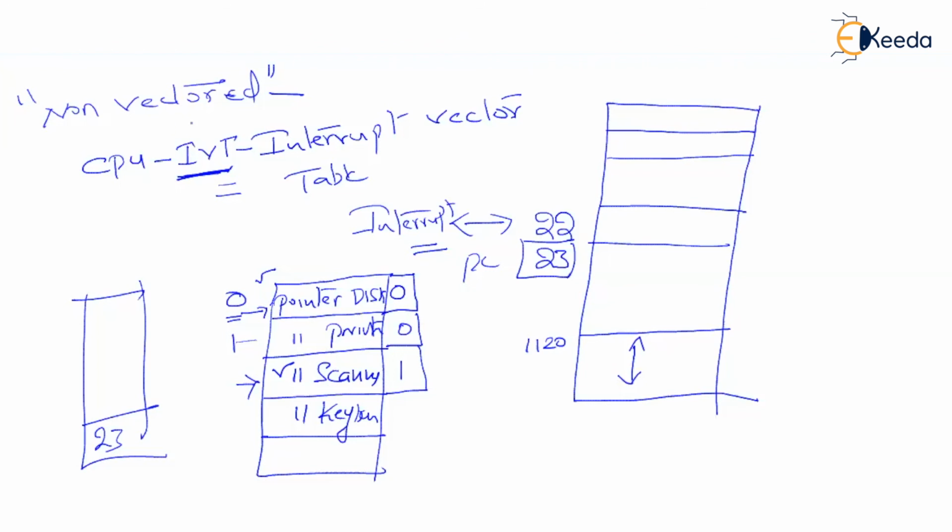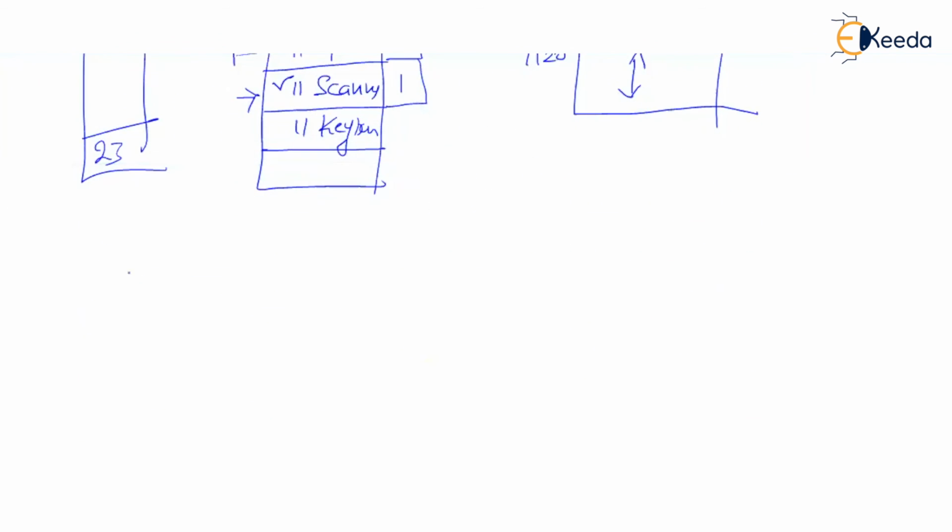So in the non-vectored interrupts, the CPU will go off to an interrupt vector table. In the interrupt vector table, each and every location will be a pointer to a specific service routine. Okay, you need to understand one important thing here.